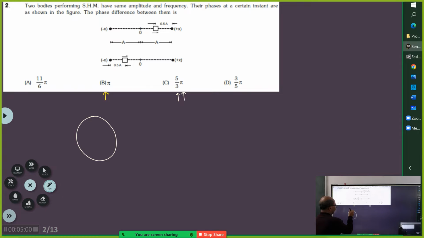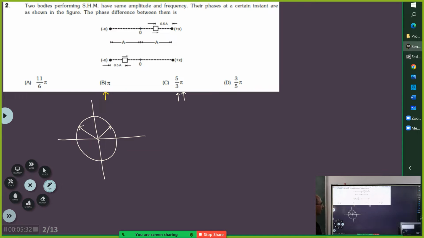For angles, it will be easier. From the center you draw a phasor, that rotating vector, at a certain angle. Then on the opposite side, take the mirror image of that with respect to the y-axis and draw that, sir.